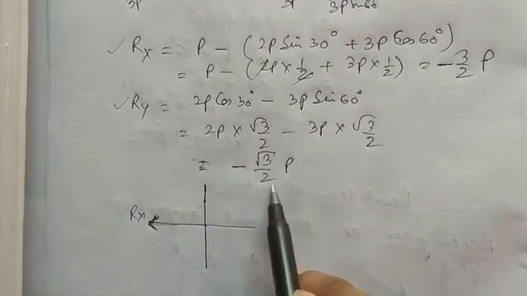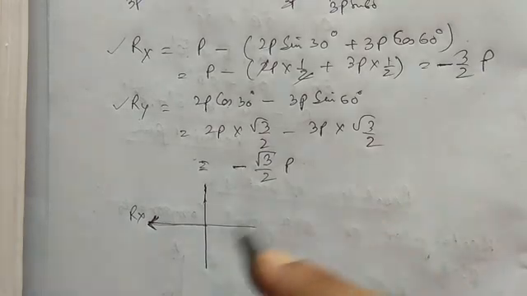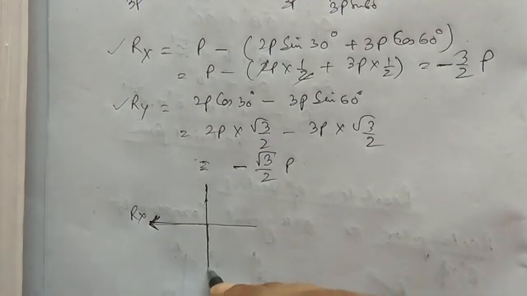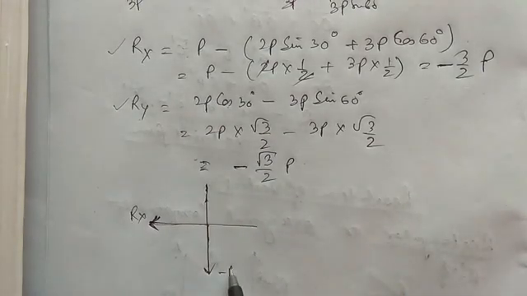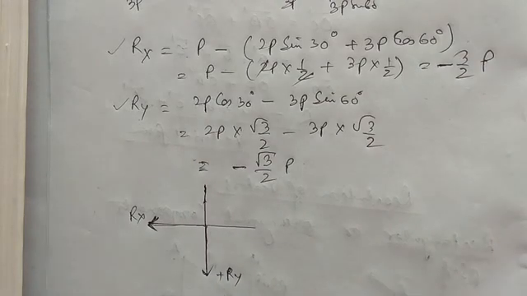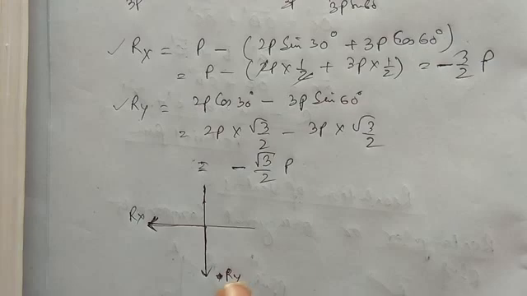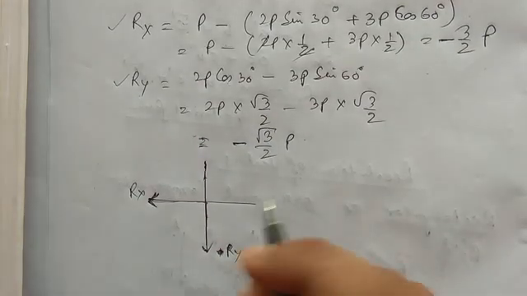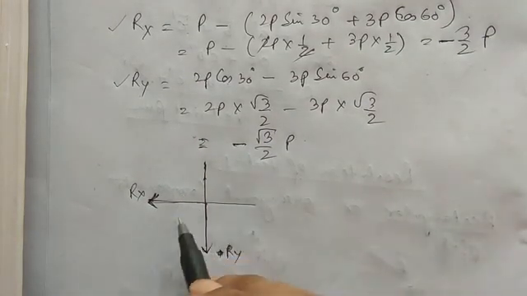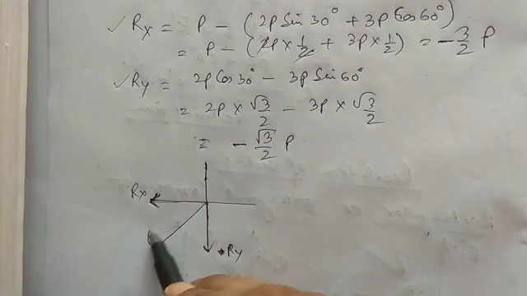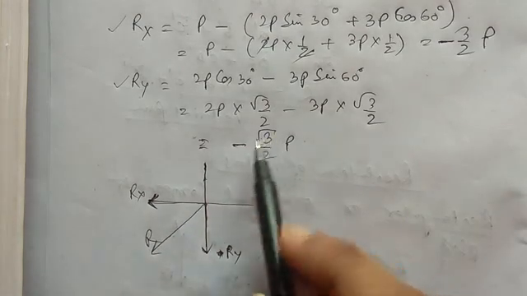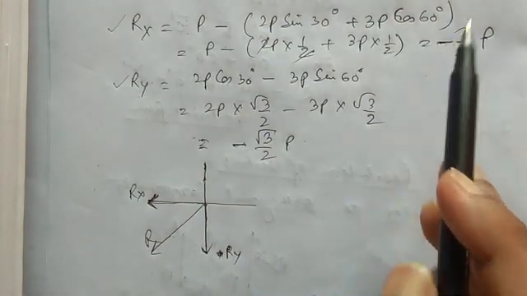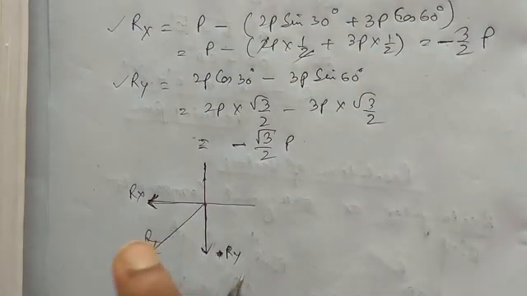Also Ry has a minus sign. This means that it is also directed towards the negative y-axis. So the final resultant will fall in the third quadrant. Suppose this is R. These signs are needed to understand in which quadrant the final resultant will lie.